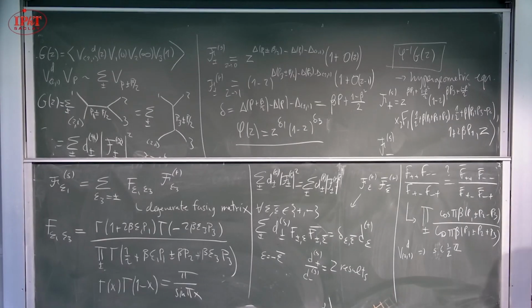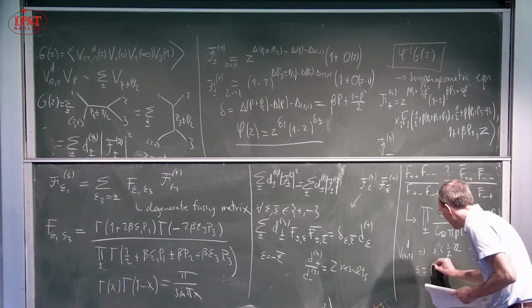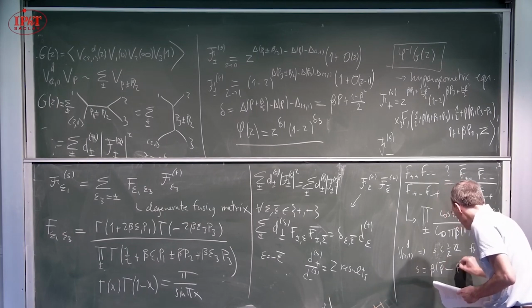Right? The second index of some non-diagonal field is half integer. But the second index, I can rewrite it in terms of the momentums P and P bar. And let me make sure I don't make a mistake here. So S, if you want, is beta P bar minus P.